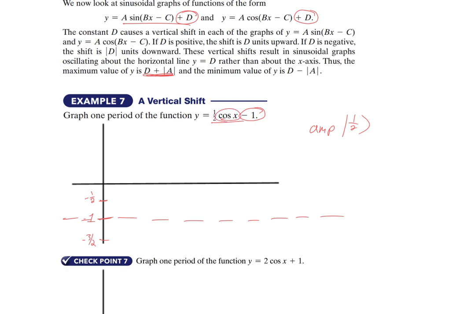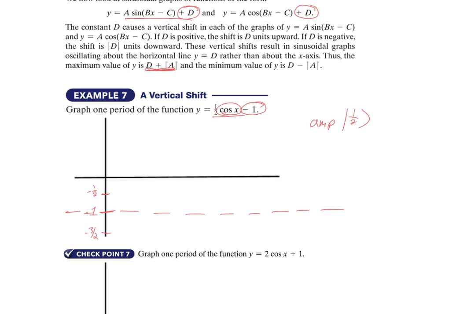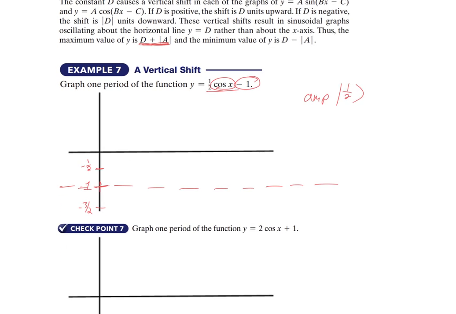Cosine of x, nothing else changes, no vertical shift, no change of the period. So I've got my 0, my 2 pi, pi, pi halves, and 3 pi halves. So I start up, let's change graphs.